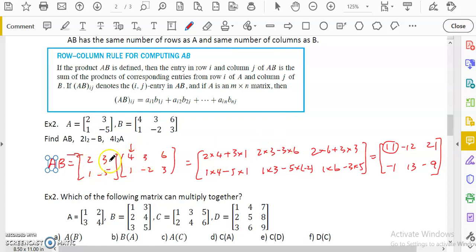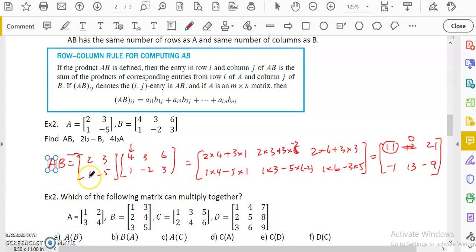Oh, I think I made a mistake here. It's 3 times negative 2. So this one, I think this would be 0, right? Let's check the answer. And then the last one, this times this will be 2 times 6 plus 3 times 3. So this one is right. 12 plus 9. So that's 21.